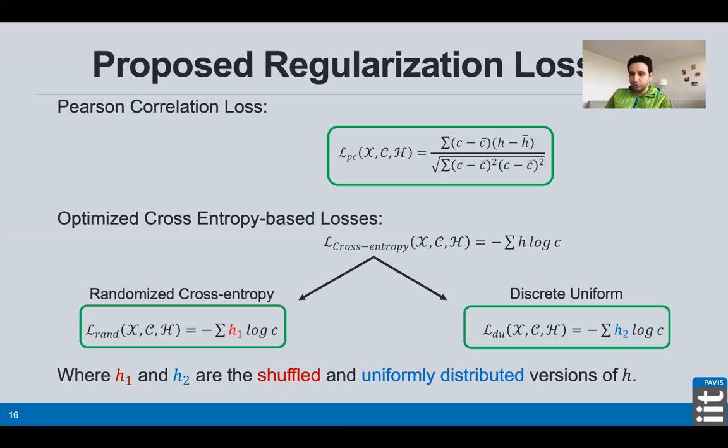The other solution which we propose is to use the uniformly distributed ground truth for this loss function.